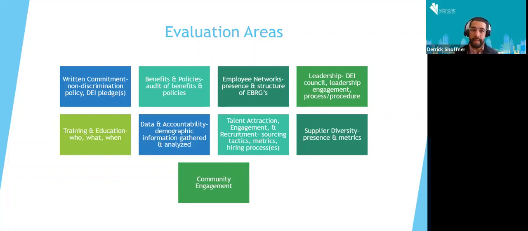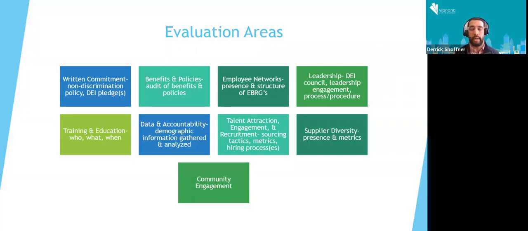Yes or no? Things of that nature. So this is kind of like a cheat sheet for you as well. If that hasn't occurred within your respective organization, you have time to encourage leadership to do just that as well. Benefits and policies is a full and comprehensive audit of your benefits and policies. What's provided, identifying areas of opportunity, but also the strengths of the organization from a benefits and policies standpoint.